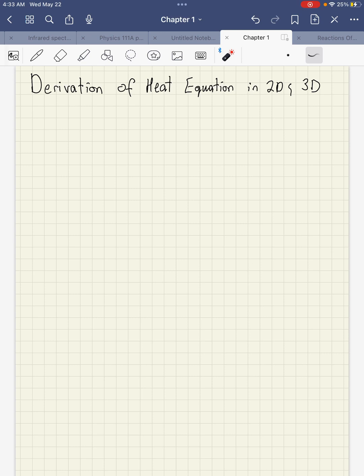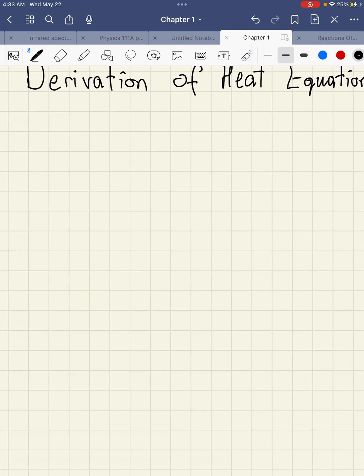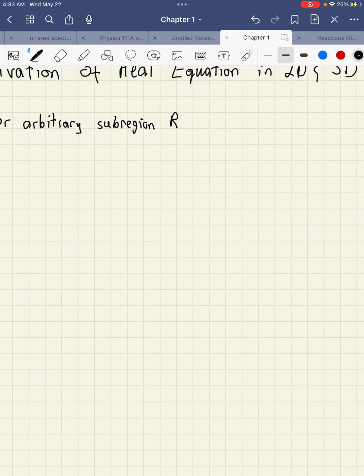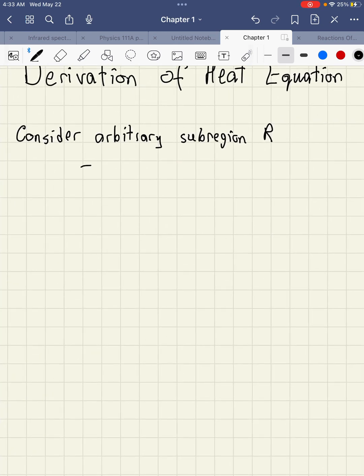So now let's consider an arbitrary subregion R. So suppose that R has the shape like this.